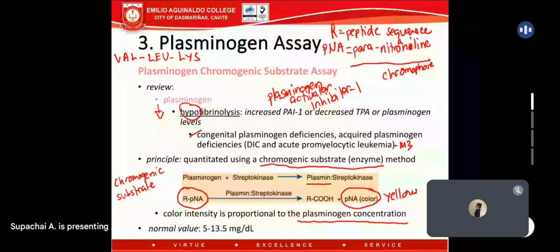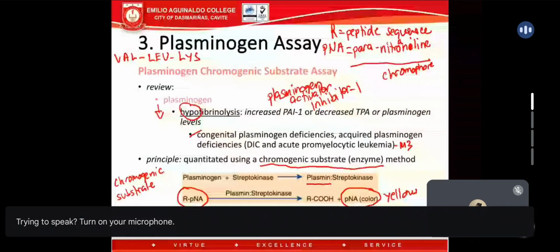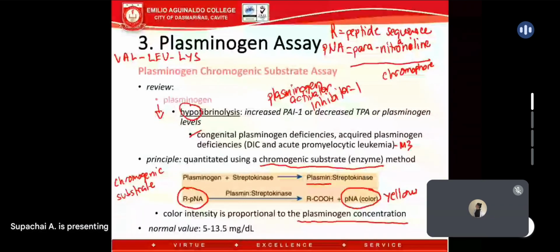And then this particular complex will act on R-PNA. What is R-PNA? R there stands for peptide sequence. It is indeed a sequence of three amino acids, namely valine, leucine, lysine. And the PNA there stands for para-nitroaniline. It's a chromophore, which means that there is a specific color.